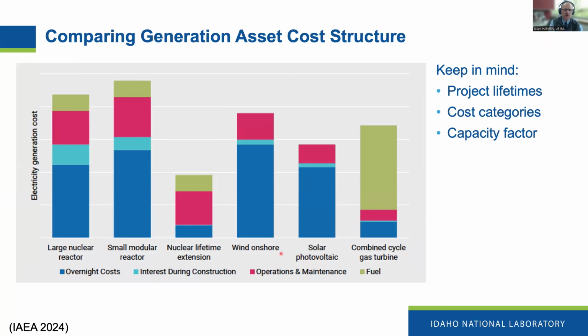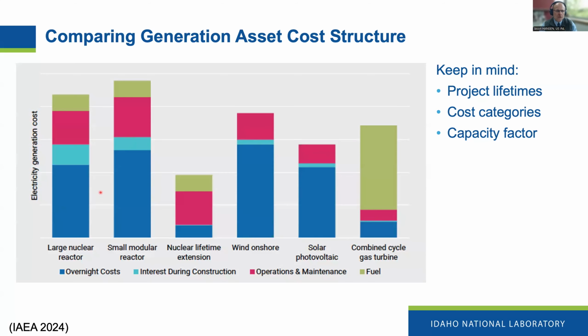So that's something to keep in mind. Capacity factor, which means how many of the 8,760 hours in a year are available for producing power versus how many are down, is contributing here as well. So that helps us to see what these different comparisons are.